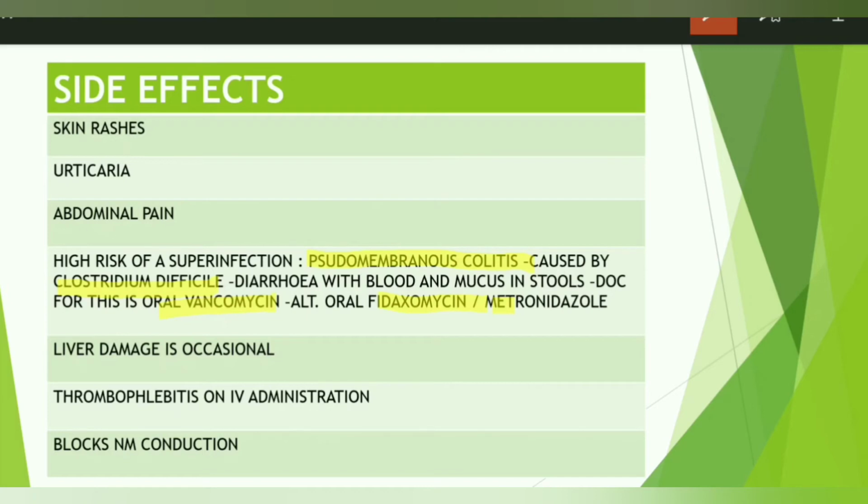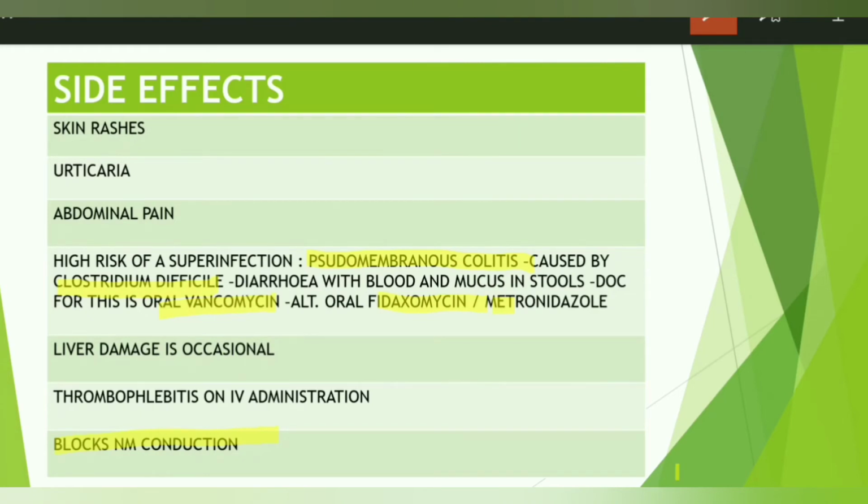The oral fidaxomicin is an RNA polymerase inhibitor. Next, the liver damage is occasional. Thrombophlebitis on the IV administration can occur, and it also blocks the neuromuscular conduction, and hence it worsens the myasthenia gravis.